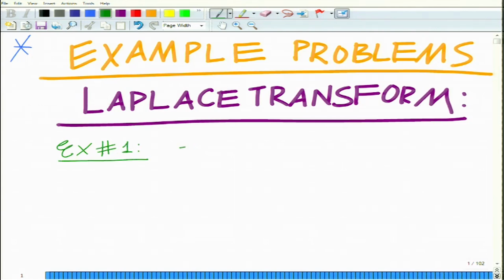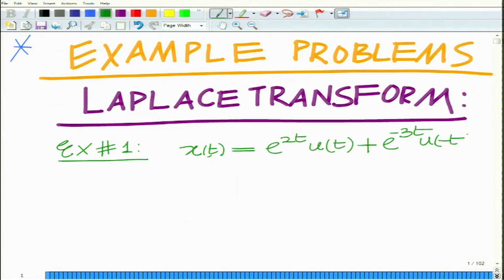I have a signal x(t) equals e raised to 2t u(t), where u(t) is the unit step function, plus e raised to minus 3t u(minus t).